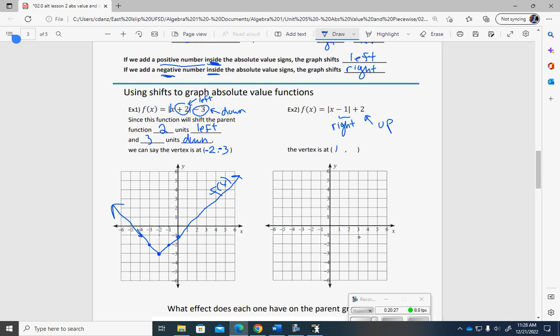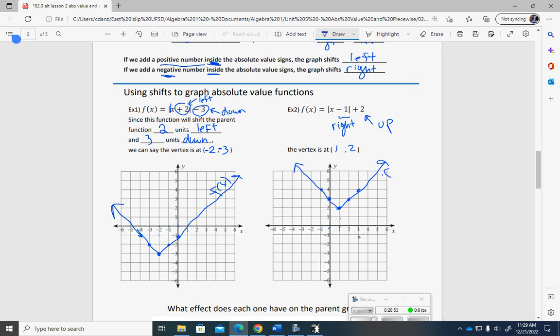Up 2 is a positive 2. You could always think about starting at the origin and just doing the shift, 1 to the right, 2 up. Here's my vertex, and up 1 over 1 from the vertex gives me the V-like shape. See how quick that is?